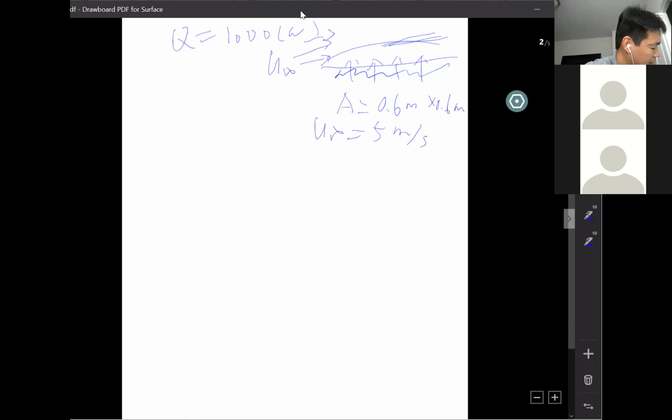Calculate the average temperature difference along the plate, and the temperature difference at the trailing edge, at the end. This is an iso heat flux problem, so the goal is to calculate the average temperature. It says average temperature difference, but you know T infinity is 27 degrees.